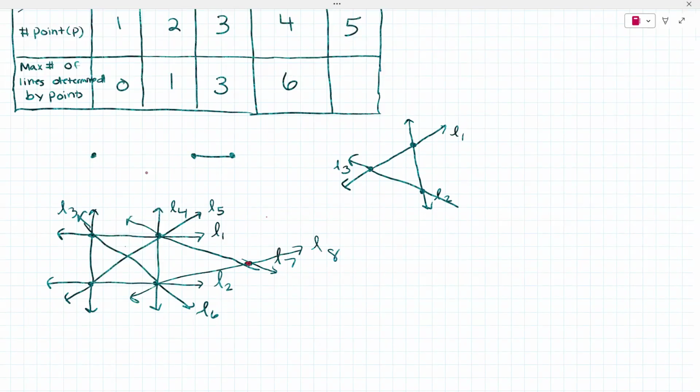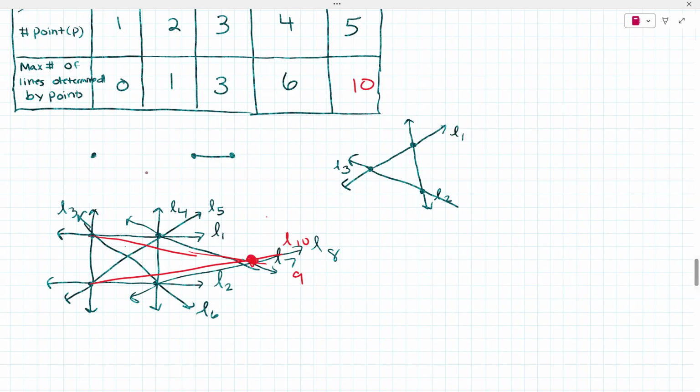If you connect this dot with this dot, that would be line 9. And then if you connect this dot, let's say this dot right here, that would be line 10. So it looks like you could form 10 lines.